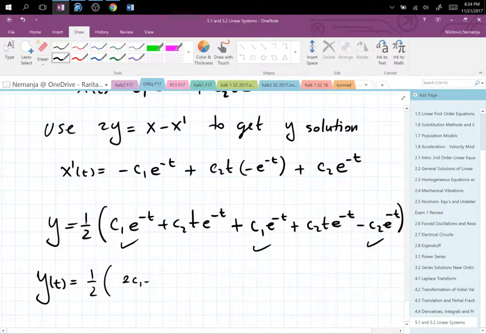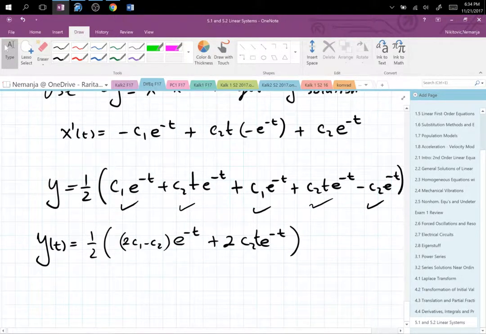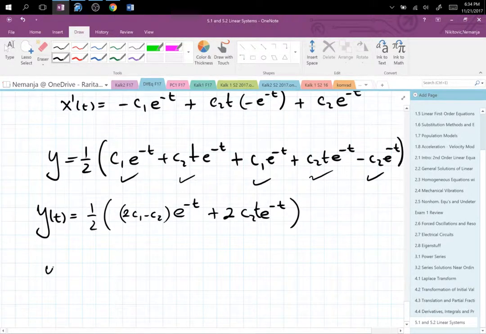So 2c1 minus c2 as a coefficient of e to the negative t. And then these two terms are the same, so plus 2 c2 t e to the negative t. So finally, y of t is equal to, when you distribute 1/2, 2c1 minus c2 over 2 e to the negative t plus c2 t e to the negative t.